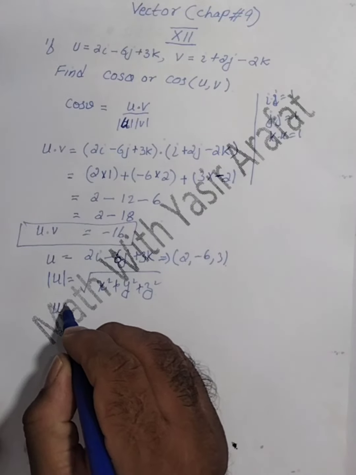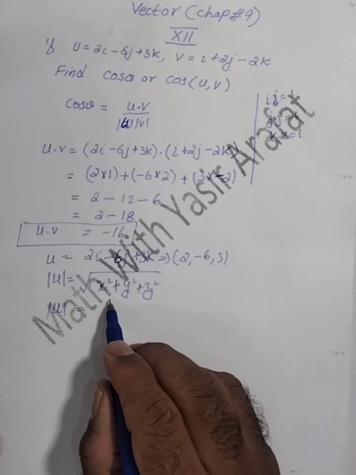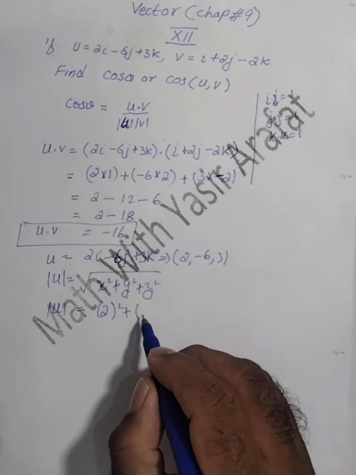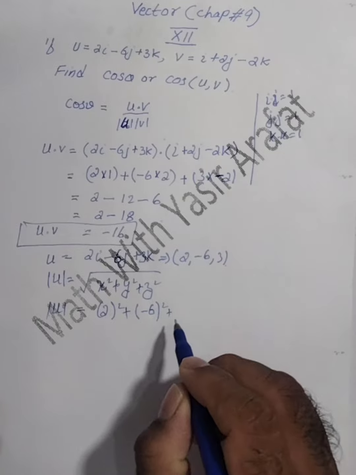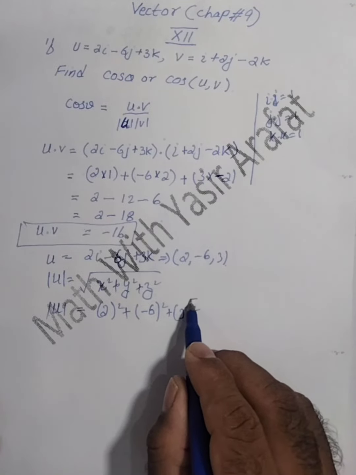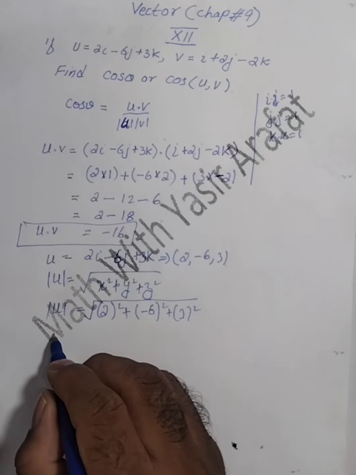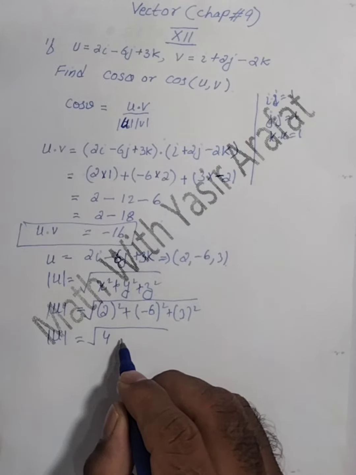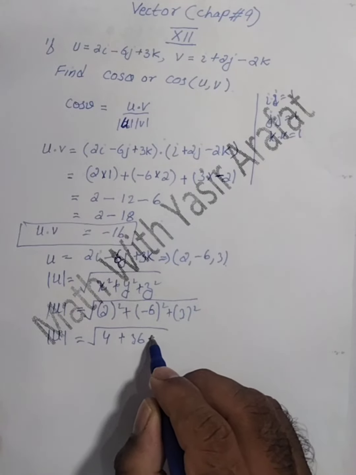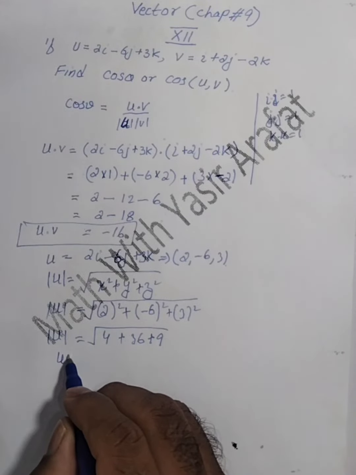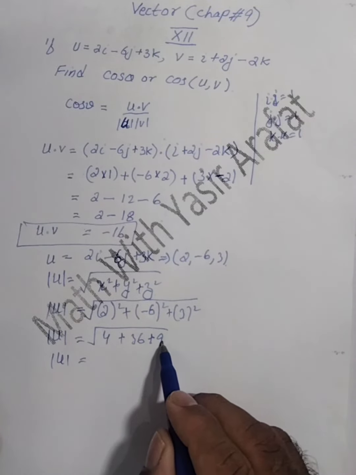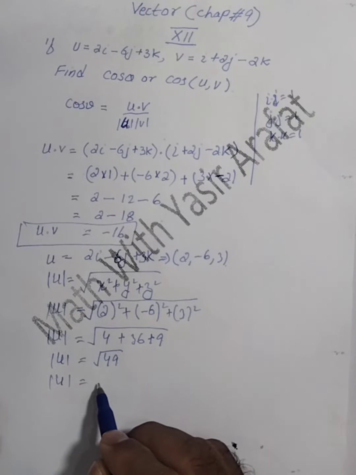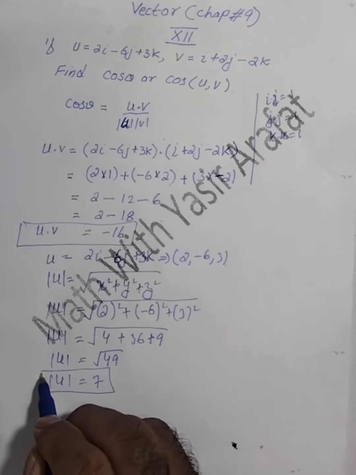So x means 2, y means minus 6 and z means 3, to the whole square. So this is the radical of 2 2s are 4, 6 6s are 36, 3 3s are 9. So this is 49 and the radical of 49 is 7. So the modulus of u is 7.